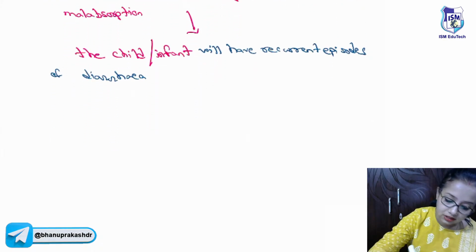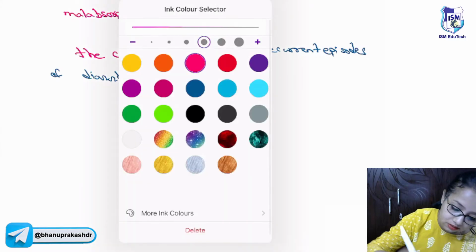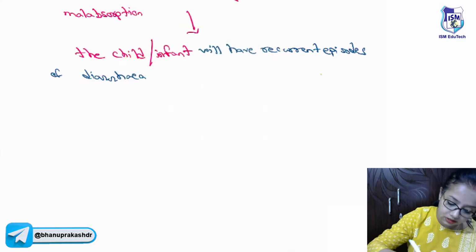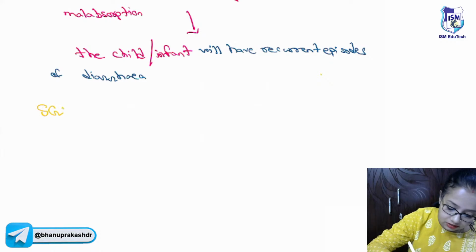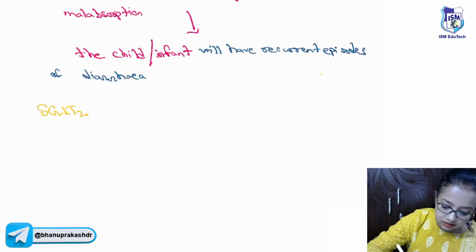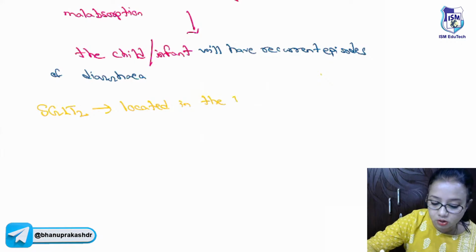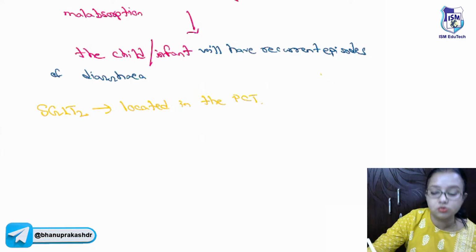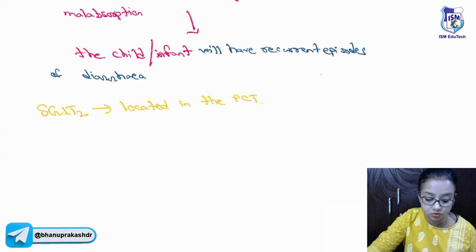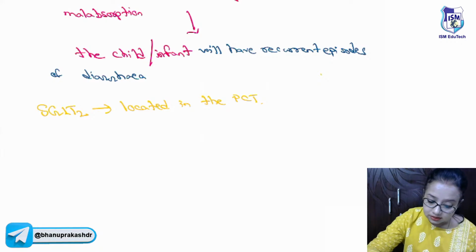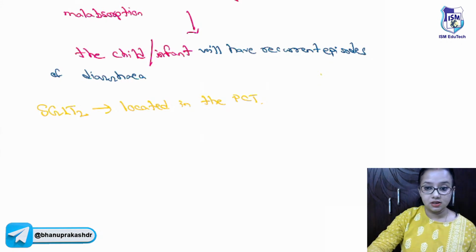This is one. The location of the SGLT2 is in the proximal convoluted tubules. Now, this is the reason why we don't have any sugar in the urine. In a normal person, there is no presence of sugar, right?